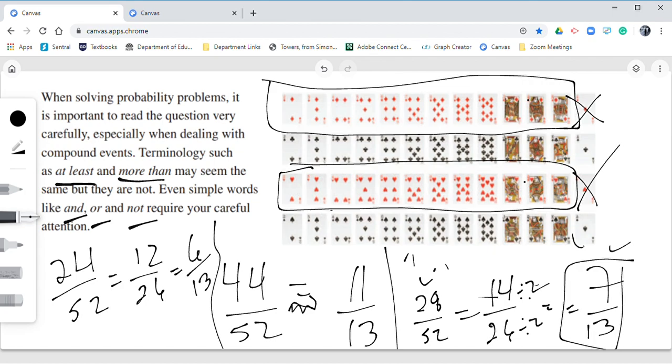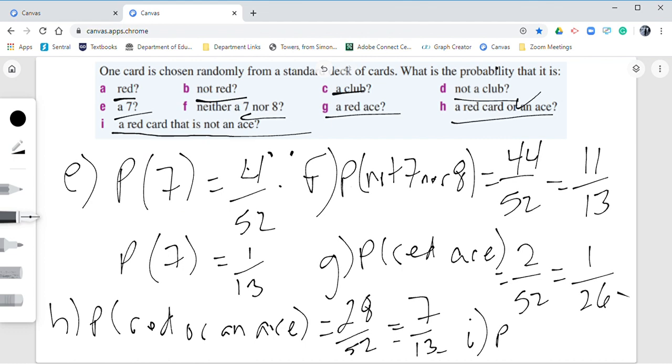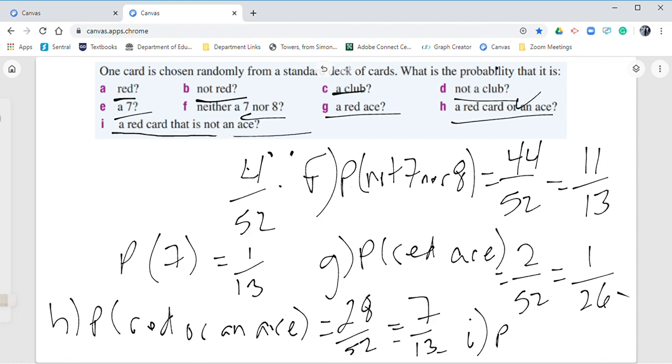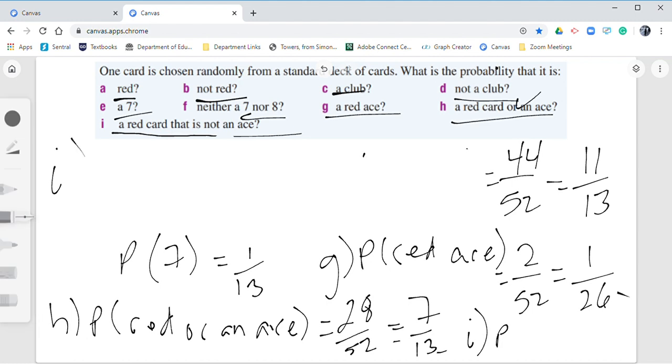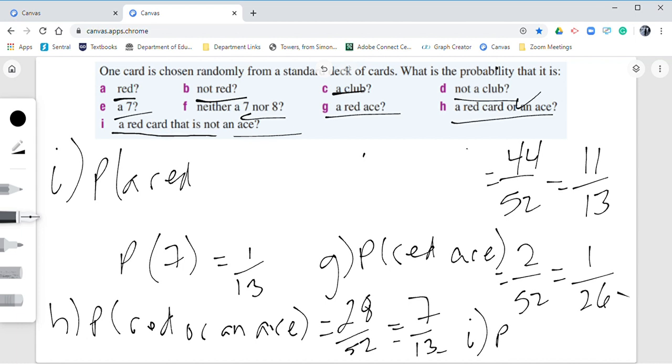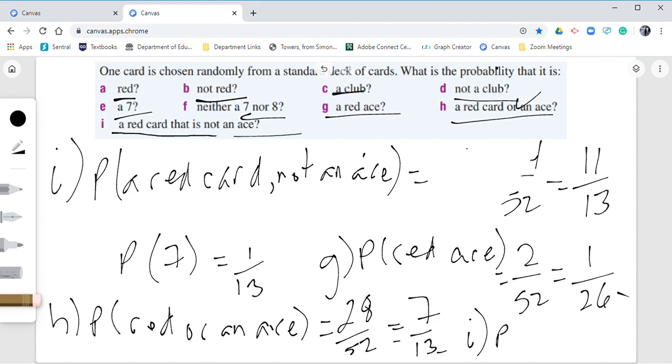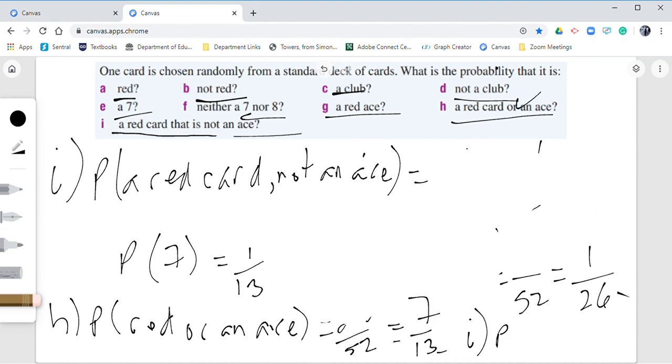So your original, you can say, is 24 to 52 chances, or it's 6 out of 13 chances. So probability, let me erase. I've run out of room. Let me erase E. Write out I nice and neat there for you. We're trying to find the probability of a red card, not an ace, equals.